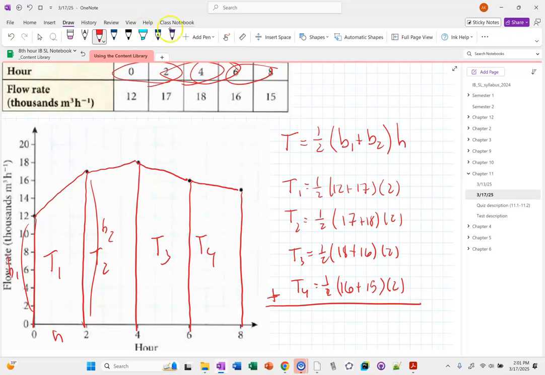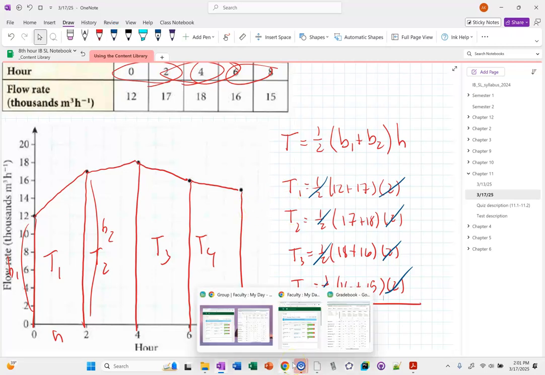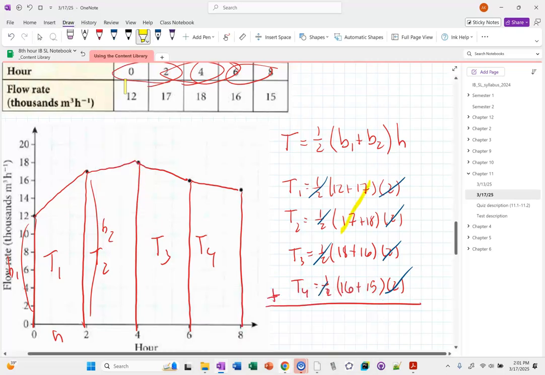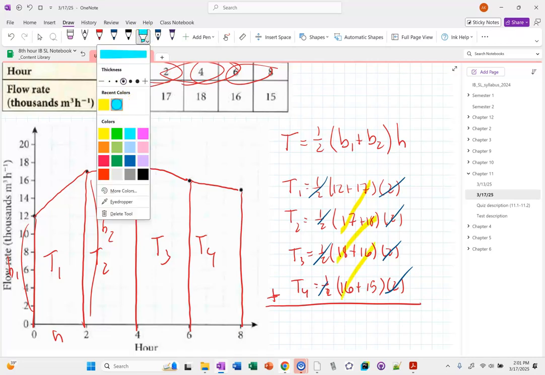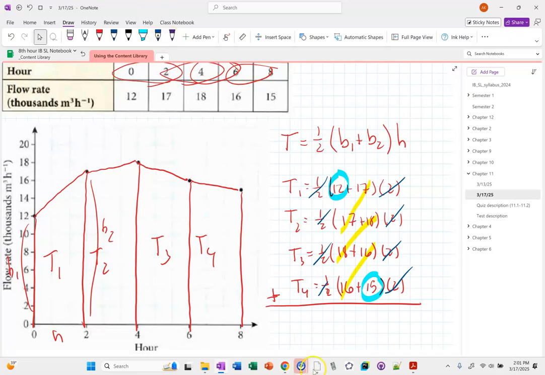Now I'm going to notice something here before I go to my calculator. Look at this, times 2 and times 1/2. Those will just cancel out. Boy, that makes life a lot easier. And additionally, I noticed that I'm going to have 17 twice, 18 twice, and 16 twice, and just 12 and 15 once each.